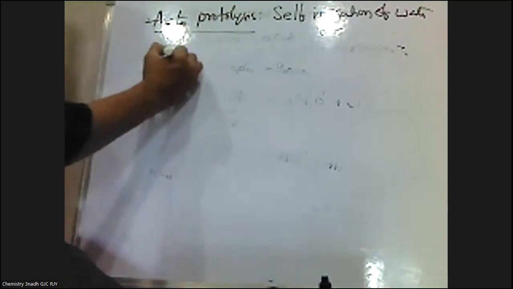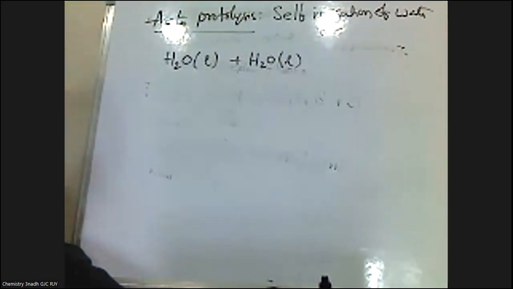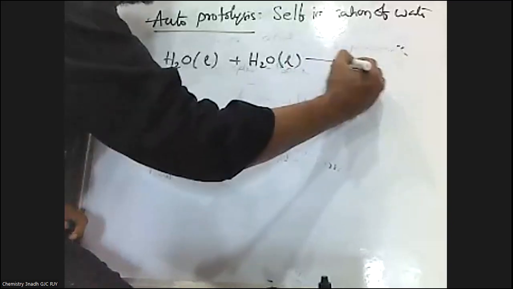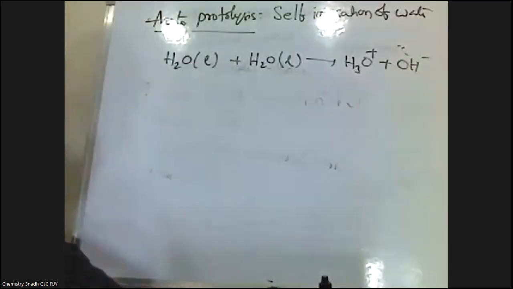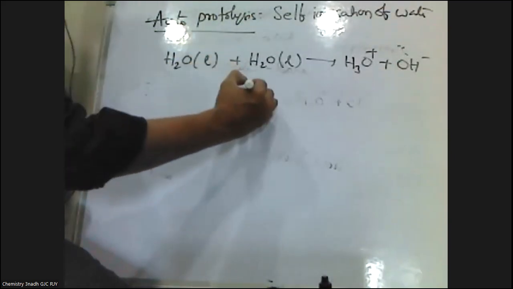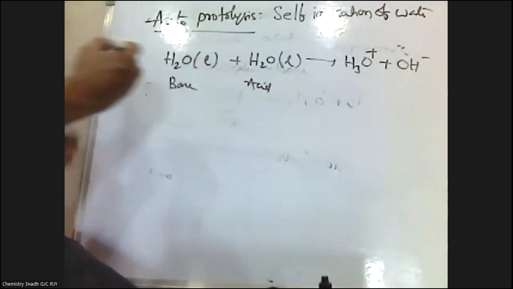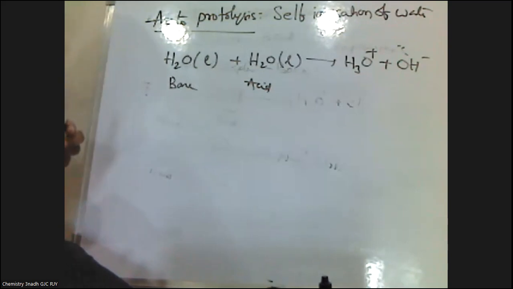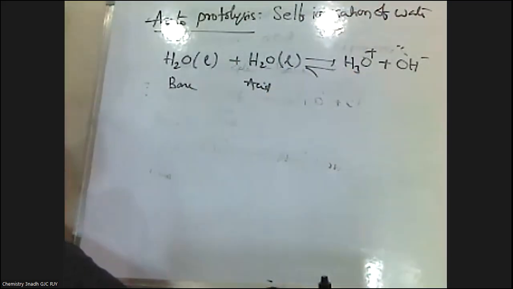Here, when water, which is a liquid, is with another water molecule, one water molecule is donating a proton and another water molecule is accepting a proton. The one which donates the proton is acting as an acid, and the other is acting as a base. I already mentioned water is a weak acid, that's why we are writing an equilibrium.